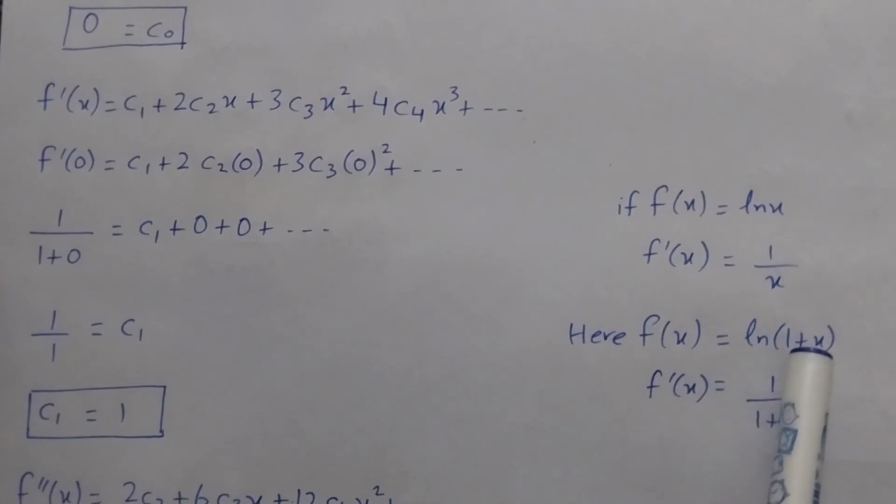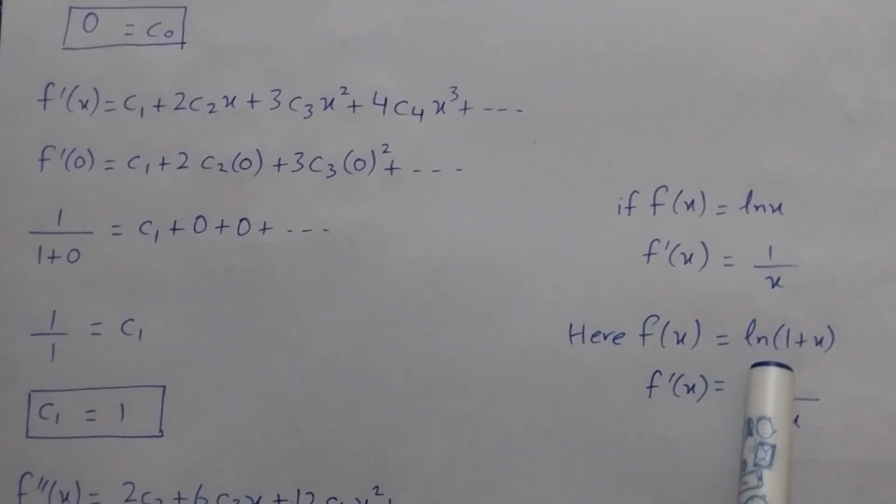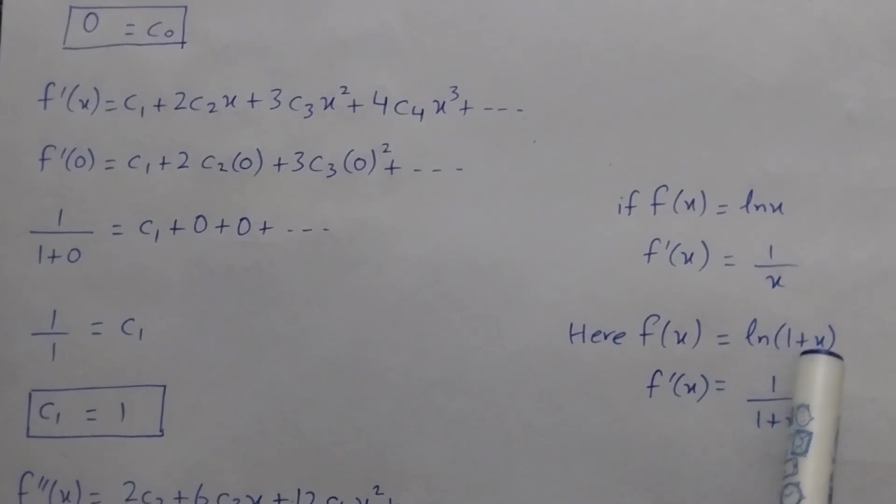And here we are taking the natural log of 1 plus x, so when we take its derivative, it's the same 1, because the derivative of 1 with respect to x is 0 because it's a constant, and the derivative of x with respect to x is 1, so 0 plus 1 is 1. We don't need to write 1 beside this.